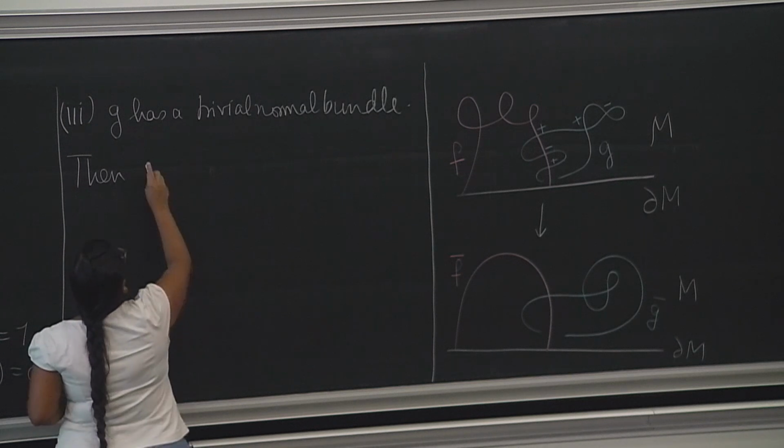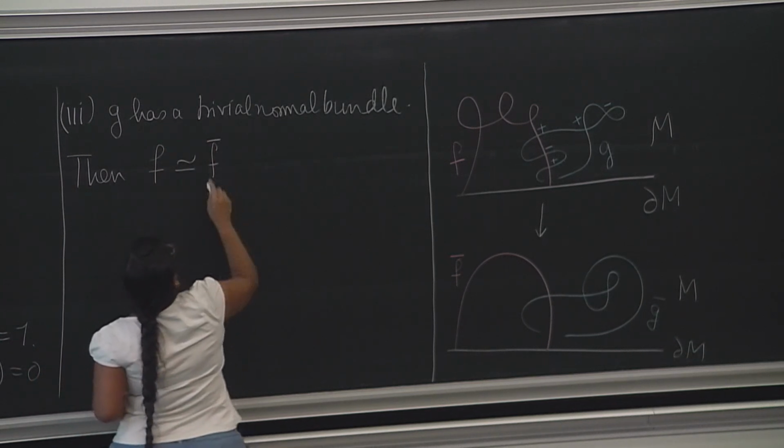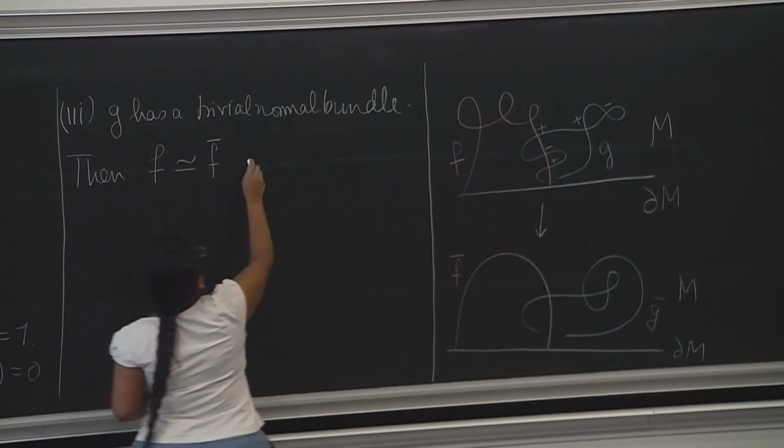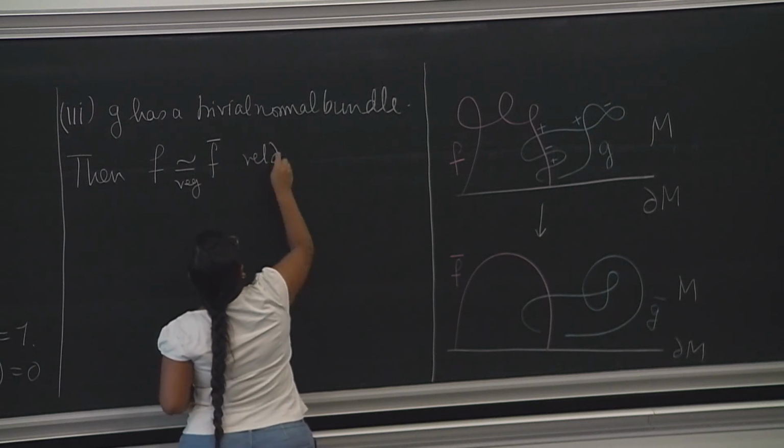So the outcome is the following. F is homotopic to F bar. This is regular homotopy rel boundary.